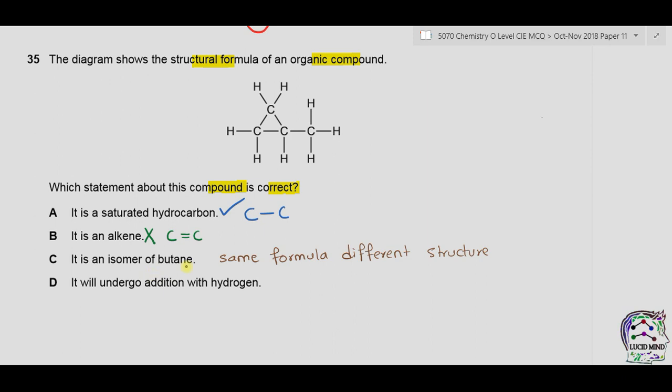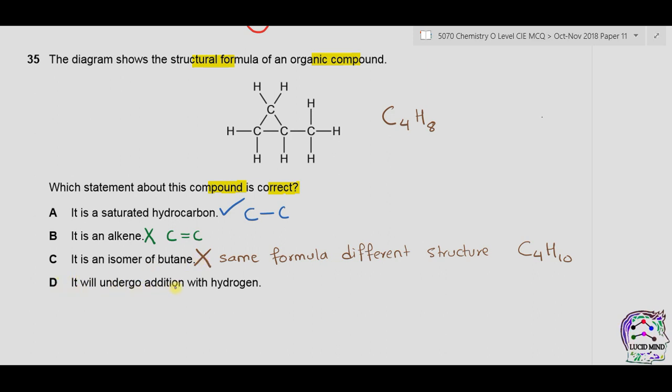The molecular formula for butane having 4 carbon atoms is C4H10. Let's find out the molecular formula of this compound. We have 4 carbon atoms, so it is C4. And we have only 8 hydrogen atoms, so it is H8. This is not an isomer because the formula is not the same, so C is wrong.